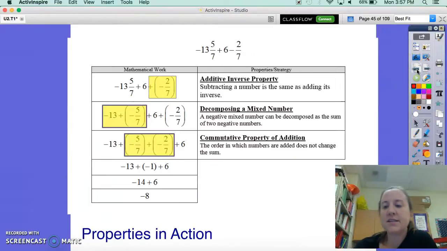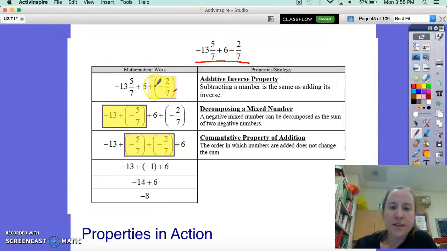So here's an example that I want you to see where we would use some of these properties. The problem that we started out with up here is -13 5/7 plus 6 minus 2/7. So there's 3 different pieces going on there.